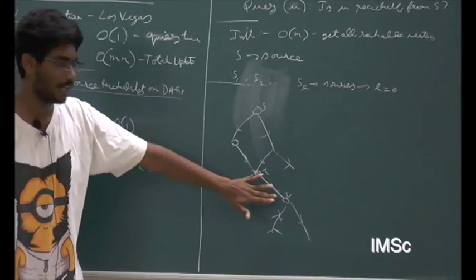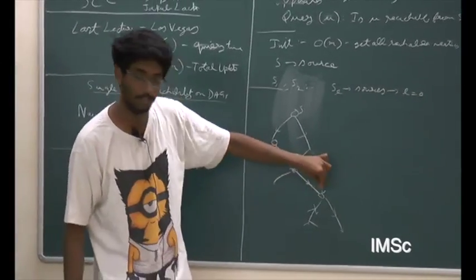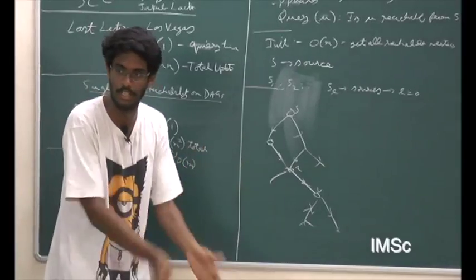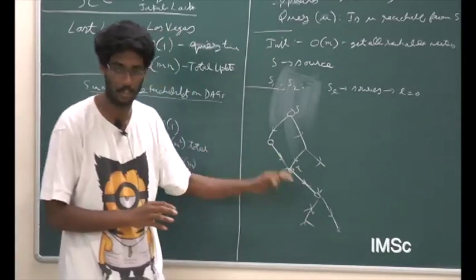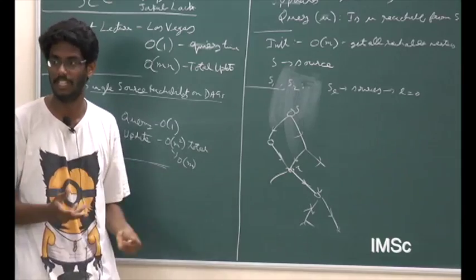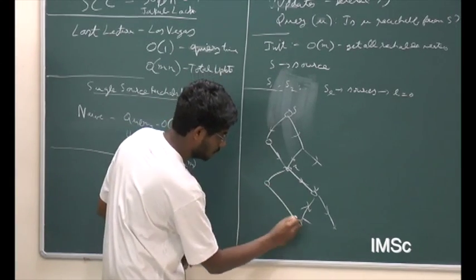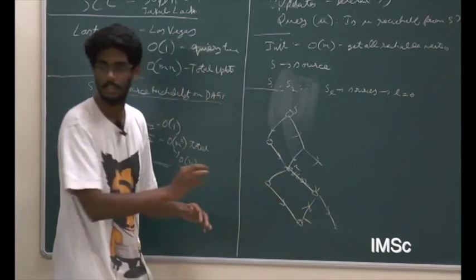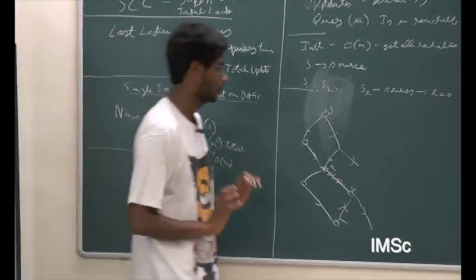What can happen is V can become disconnected from S, and things reachable from V can be disconnected from S. But not every vertex reachable from V need be disconnected. If there was a vertex like this, it is still reachable from S even after removing this edge. So it's a subset of the vertices reachable from V.